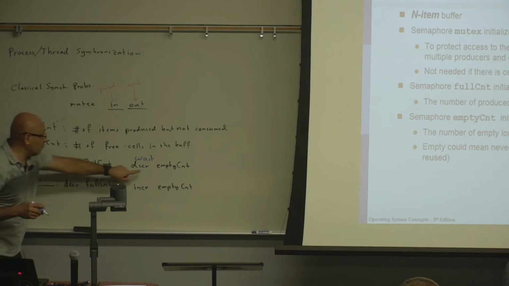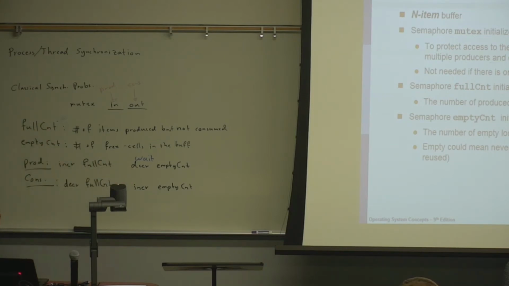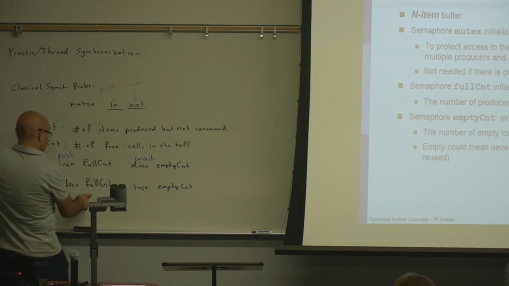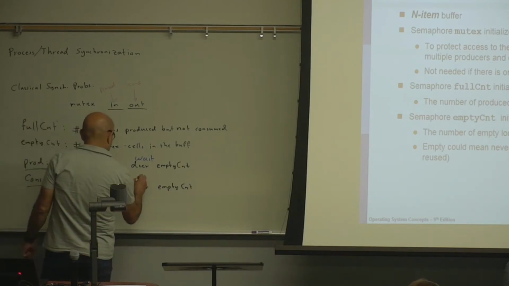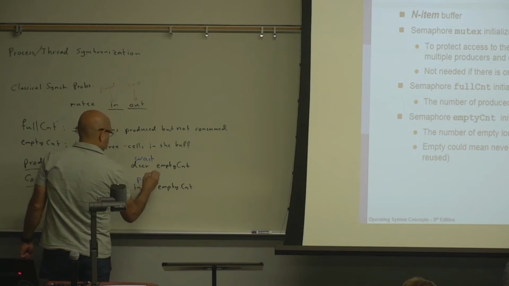So the producer is going to wait on empty count, so it's going to wait if empty count equals 0. And it's going to increment, or post, full count, because it will make one more item available. And the consumer is going to do the opposite: it's going to decrement, which means wait on full count, and it will post empty count.